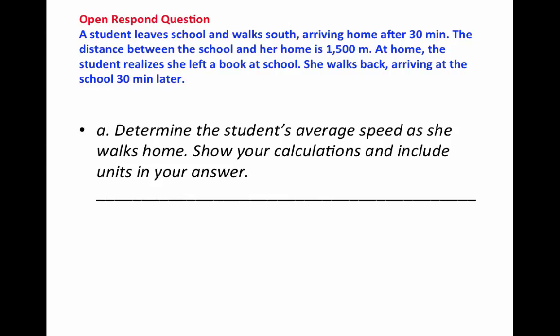At home, the student realized she left a book at the school. She walked back, arriving at the school 30 minutes later. A. Determine the student's average speed as she walks home. Show your calculation and include units in your answer.